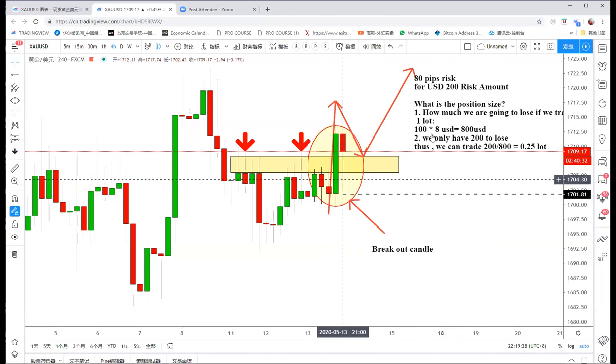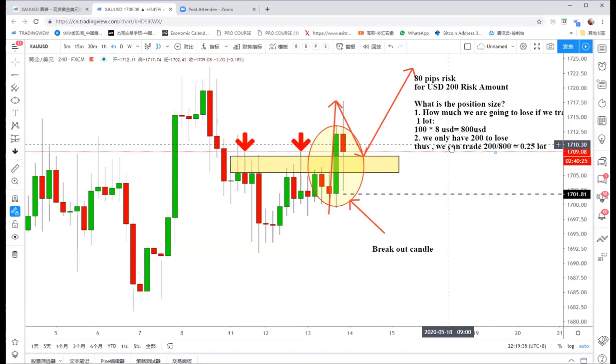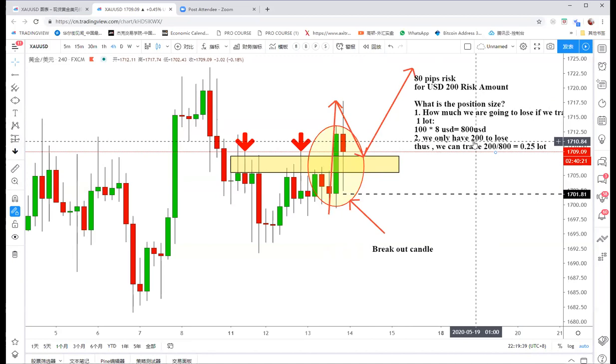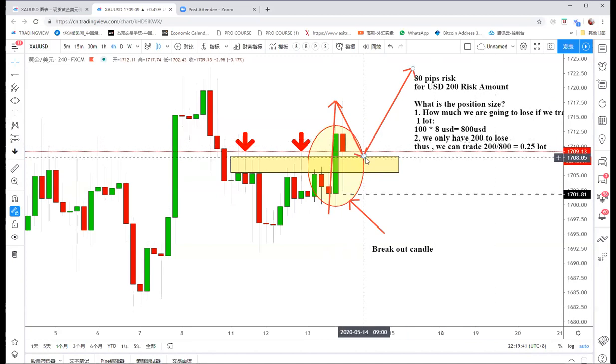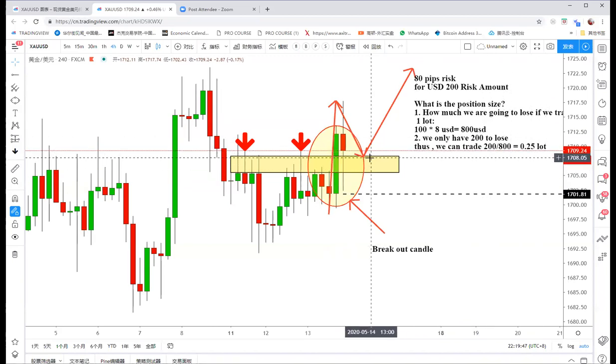If we trade one lot, we lose about $800, which is too much for us. If my account is about 10K US dollars, I only prepare to lose 2% in this single trade, and 200 divided by 800 is 0.25 lot. That is going to be our trading plan for tonight.